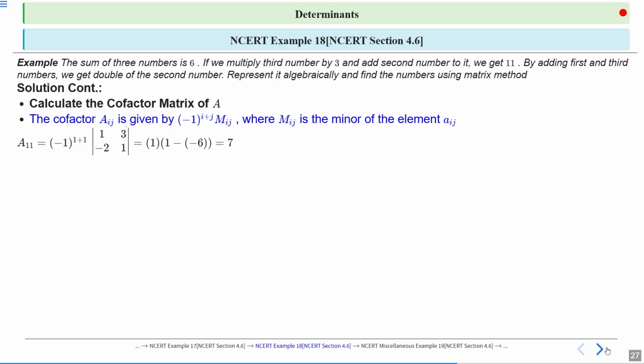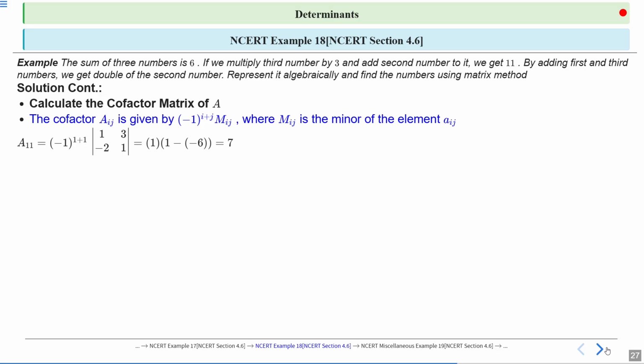So for each element aij we calculate the cofactor, capital Aij, by multiplying (-1)^(i+j) with the minor of aij. The minor is obtained like this: if there is a matrix and we have to calculate the minor for the first element a11, just delete the first row and first column, we get a matrix of order 2 cross 2, and when we calculate the determinant of that matrix, we get the minor.